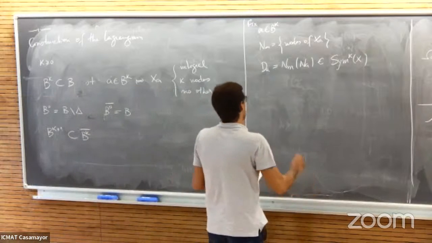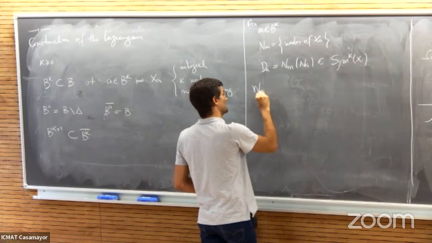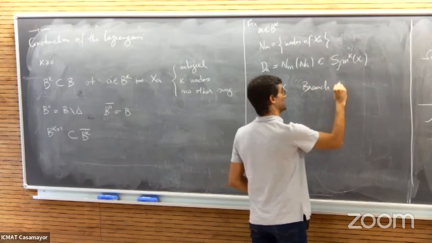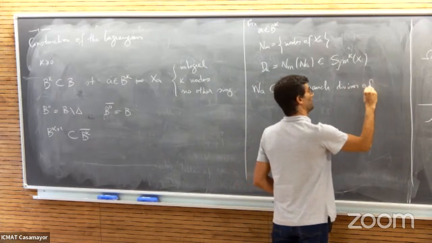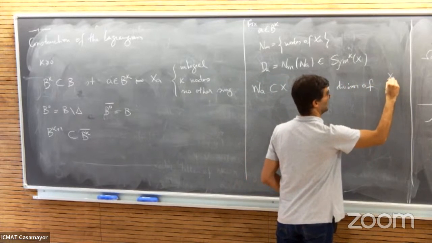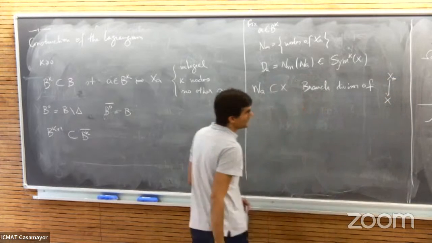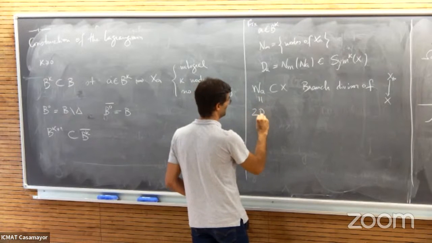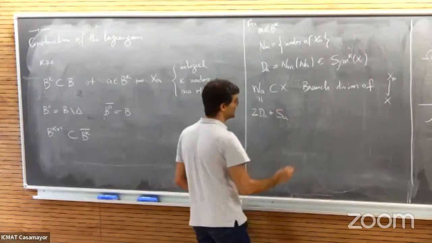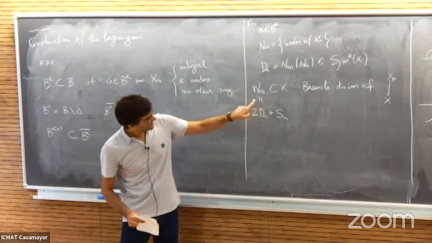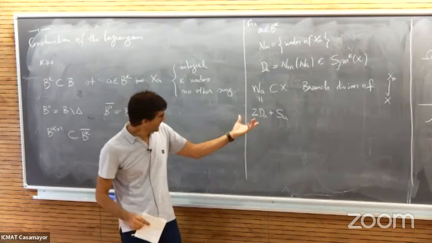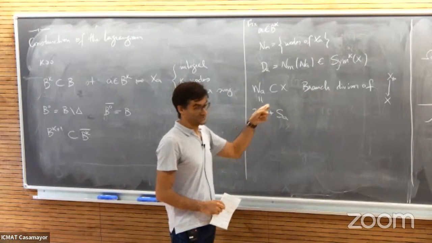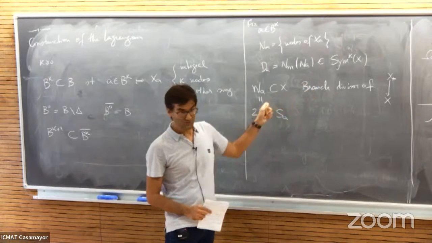And take W_a, define this as the branch divisor of this covering. And it turns out that W_a is actually of the form 2d_a plus x_a, where this part of the branch divisor records the singularities of the spectral curve, because we're taking nodes, and x_a is the smooth ramification.